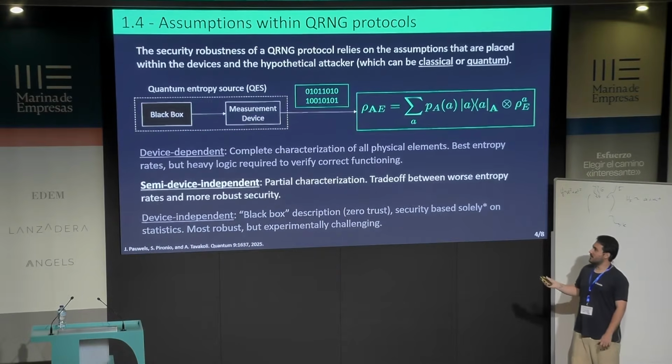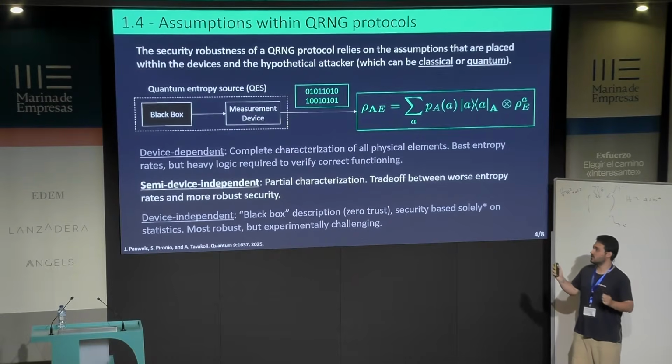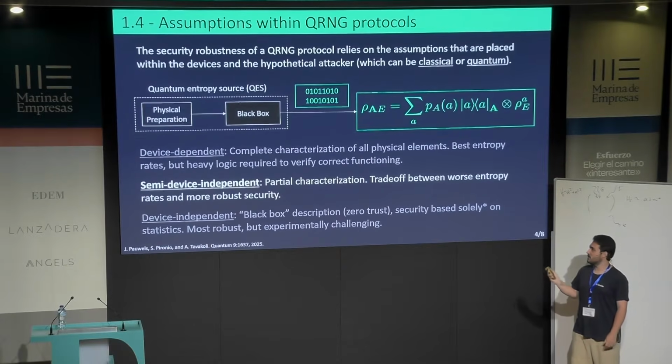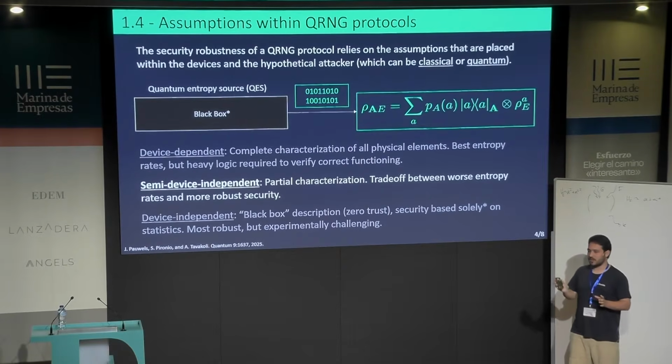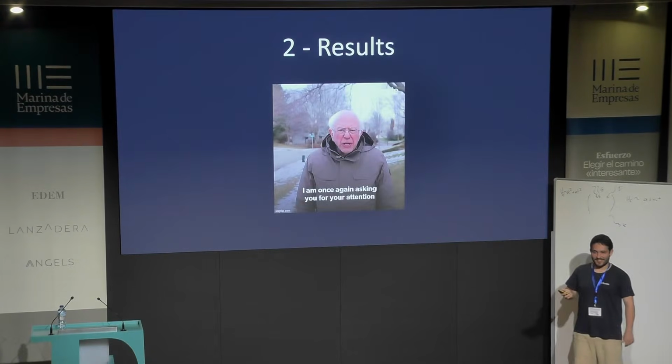Then there's a middle ground, which is actually the more interesting one, in which we only give a partial characterization of our device, and we also have generally only partial trust on some of the elements. We can have either a black box for the preparation, the measurement, or the whole system with some caveats. For instance, we can consider that we're bounding the dimensionality of the system or the energy that the states we prepare can have.